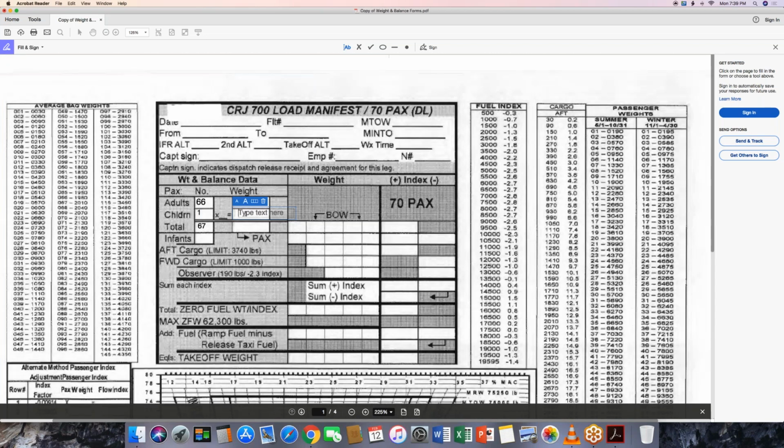Mm-hmm. So what's our total weight for passengers? 12,957. Okay.